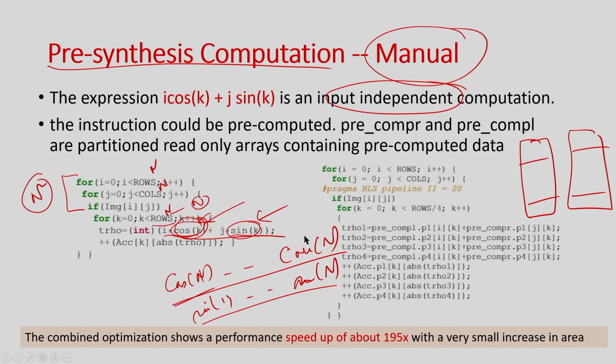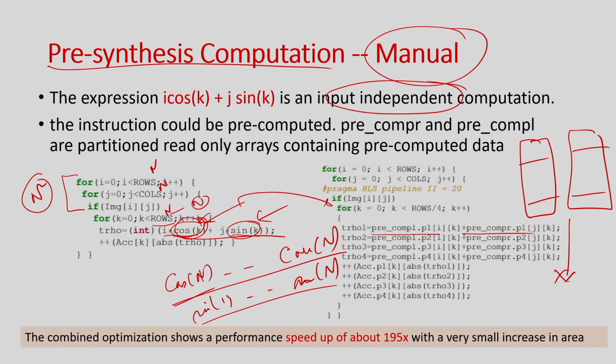Okay. So, what I did here is I calculate this and store it in arrays, and I name the arrays pre-compute P1 and P2. And then I also partition them. Basically I stored this in 4 arrays now, and I do an array partition here.